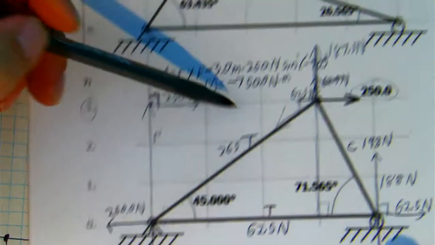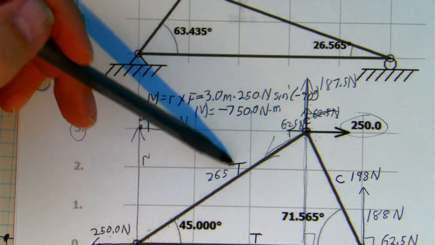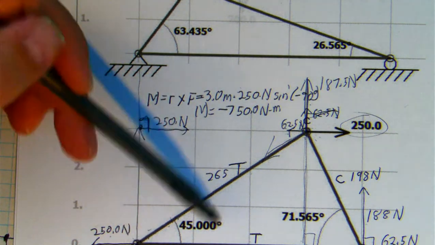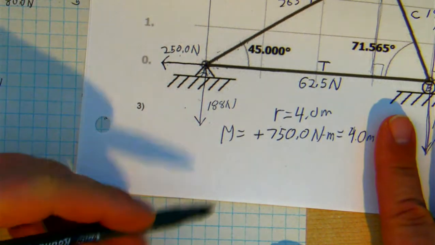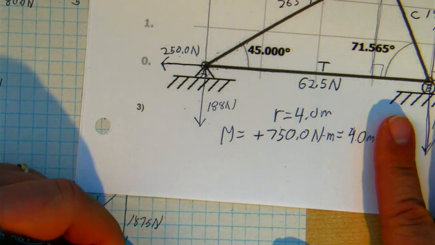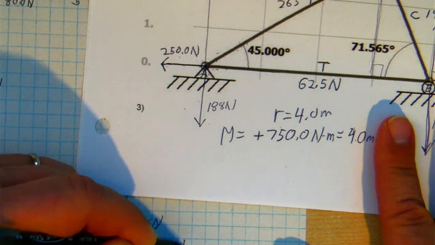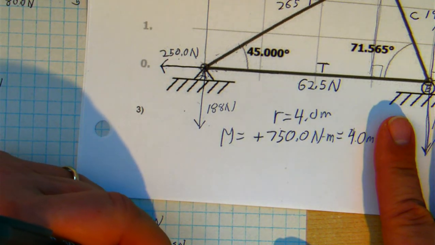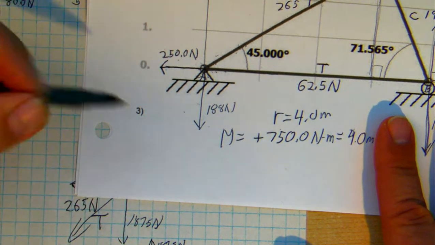In addition, member AC is pulling A up and to the right by 187.5 newtons up, and 187.5 newtons to the right.